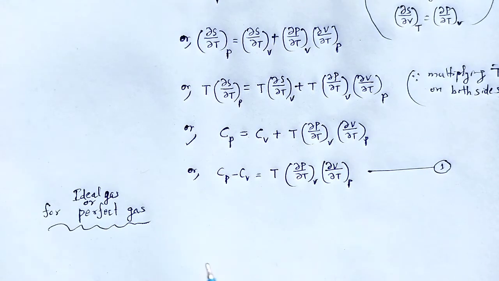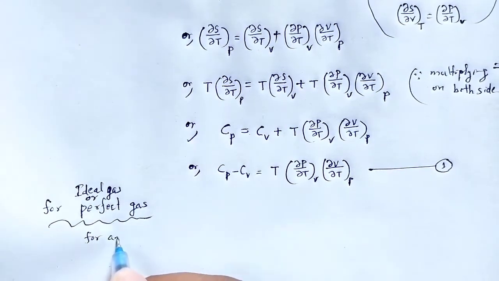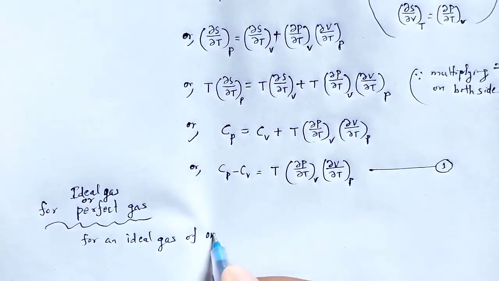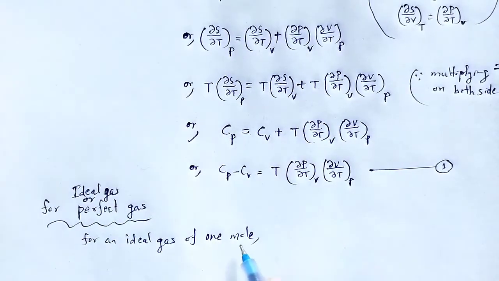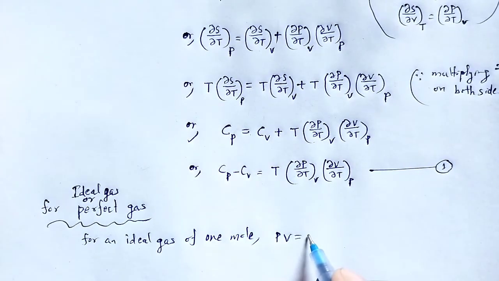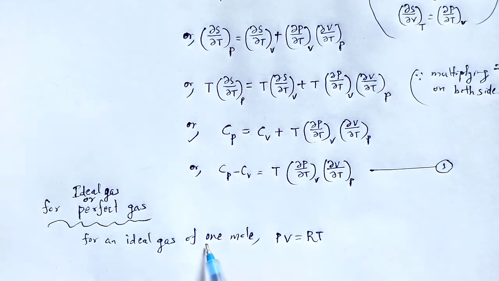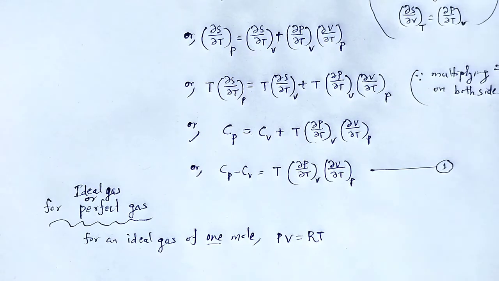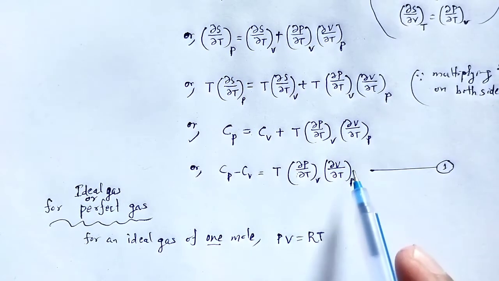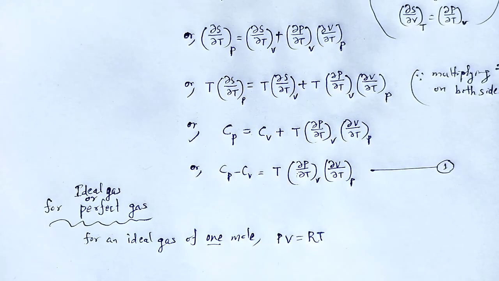For an ideal gas of 1 mole, the equation is PV equals nRT. Since we consider 1 mole, n is equal to 1, so PV is equal to RT. Our aim is to find del P by del T at constant volume and del V by del T at constant pressure, then we get Cp minus Cv.